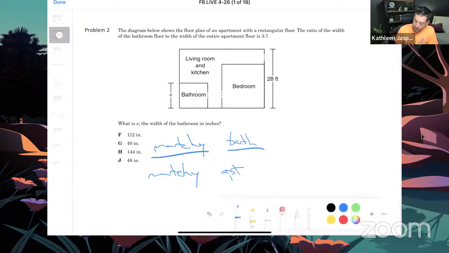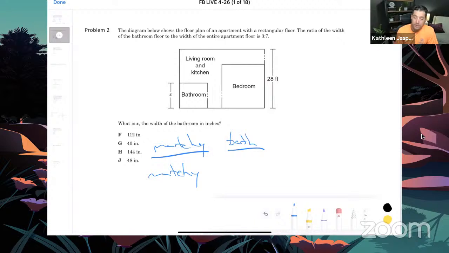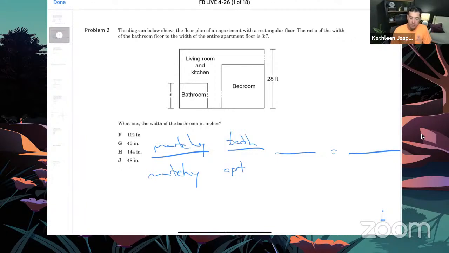Now you can do apartment over bathroom. You can do floor. It's whatever you can think of. I go with the words that are in the problem. This one said bathroom. This one said the entire apartment. So I'll just do apartment. And that's how I will make sure that all of my values are correct in my proportion.